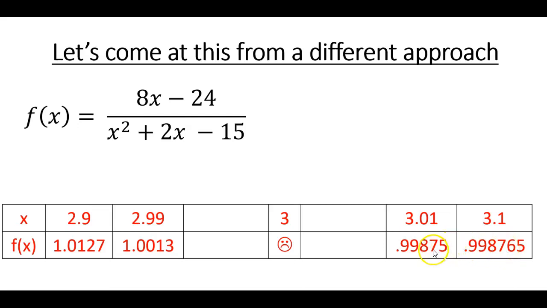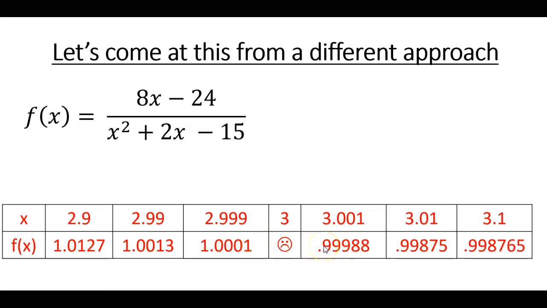Doesn't actually even look like it is. Let's keep going and see though. 2.999 and 3.001. We're going to get even closer to 3. As you can see, the closer I get to plugging in 3, the closer the y value or the output value is to 1.